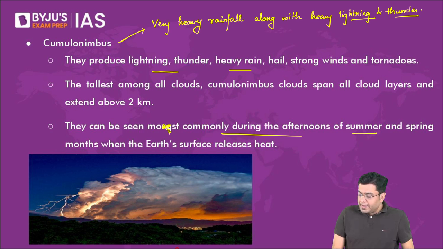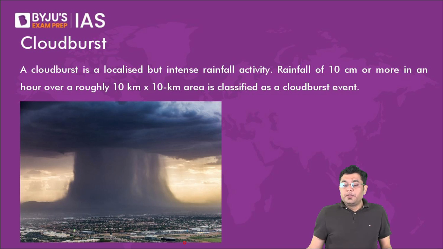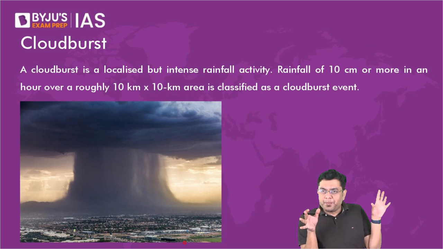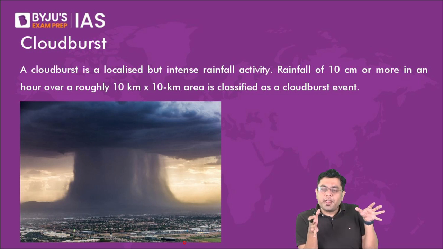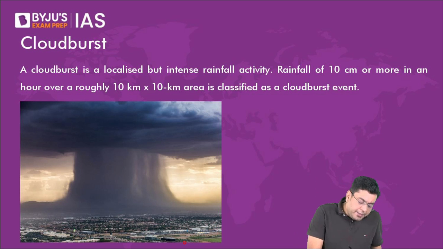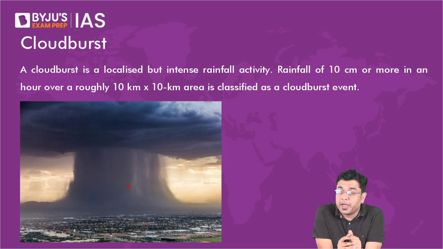Okay. Then we come to what is referred to as a cloudburst. As you can see here, a cloudburst is when a cloud simply gives way. When a cloud becomes so unsustainably large that it is not able to hold itself, it will suddenly give way, and all that it is holding will immediately be dropped in the form of a significantly heavy amount of rainfall.